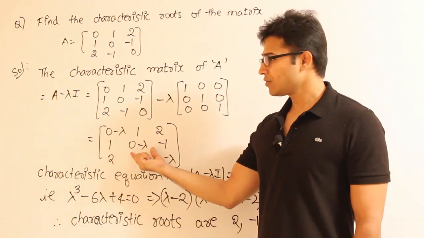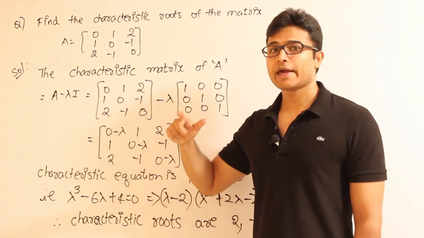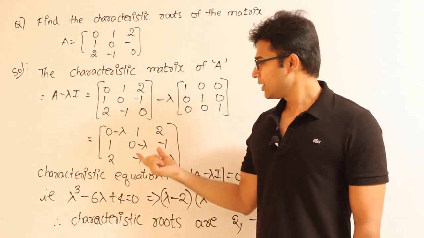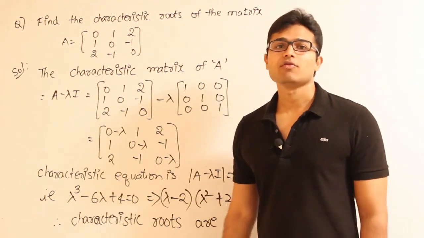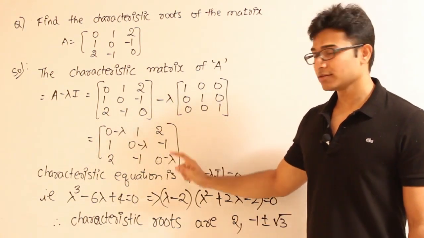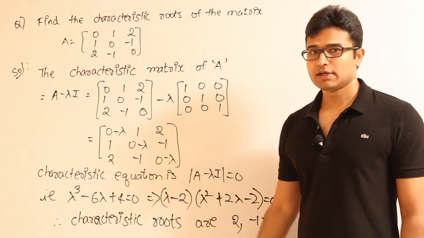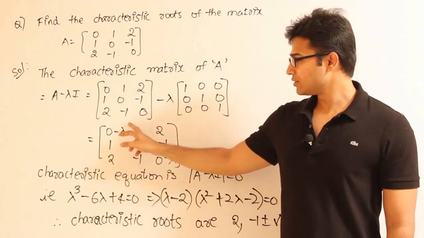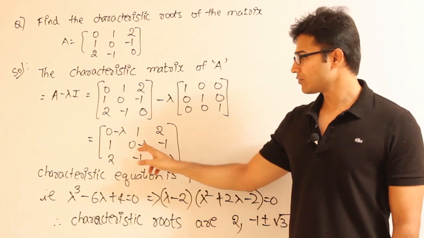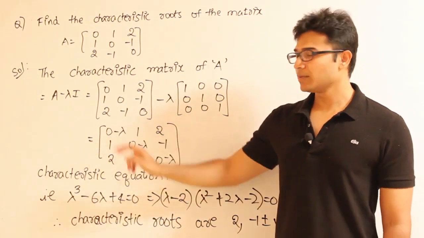When you are trying to find the determinant of this matrix, or the characteristic polynomial, you are going to get a polynomial of degree 3. Why? See this, the diagonal elements are going to be like this. When you expand it, you get this element into the determinant of this, which is the product of these two multiplied with this.